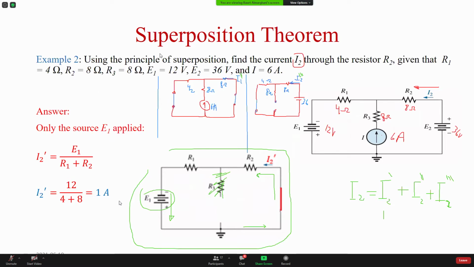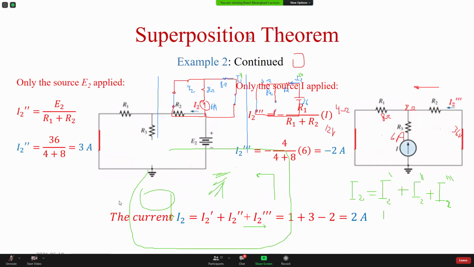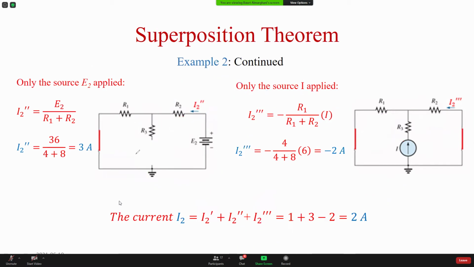Now we're going to go to the second one. This is the second circuit when you only apply the voltage E2. I'm going to erase this. So we remove the current source, open circuit, and the other voltage source, short circuit.